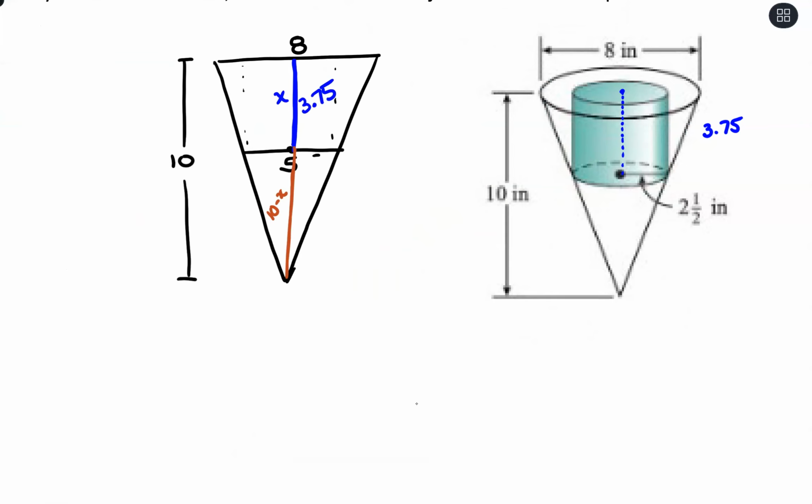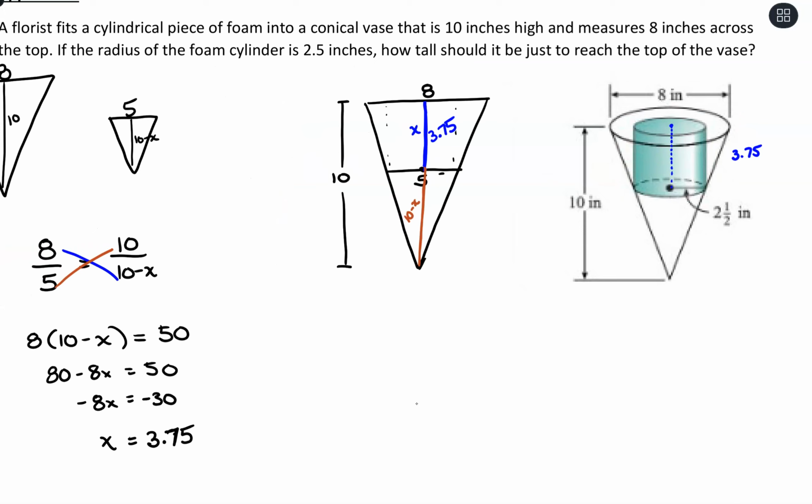Now, just for the sake of practicing what we learned, let's say we wanted to find out some information about that foam cylinder. Let's say we wanted to find the volume of the cylinder. So for volume, we would take pi r squared, so pi times 2.5 squared, and then we would multiply it by the height that we just found.